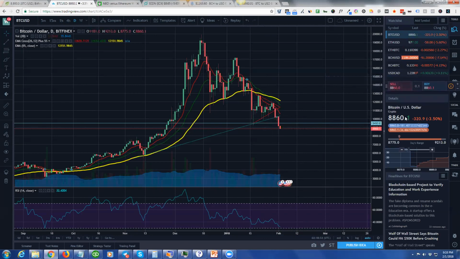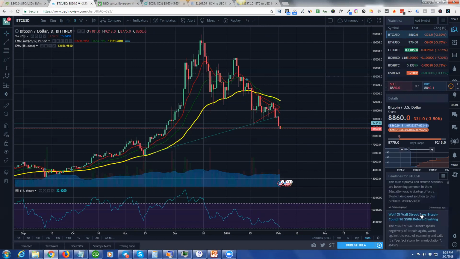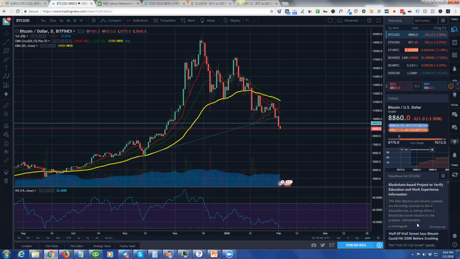They always have news. You can set some news here that you can check out. Here you go: Wolf of Wall Street says Bitcoin could hit 50K before crashing. There you go, that just came out. These are news things that cause our FUD one way or the other, right? Little news items like that can cause the price of Bitcoin to go up.